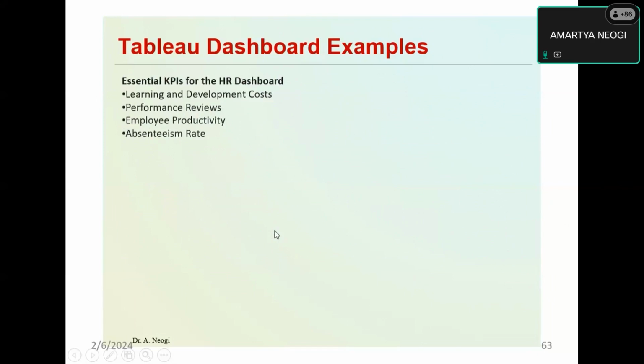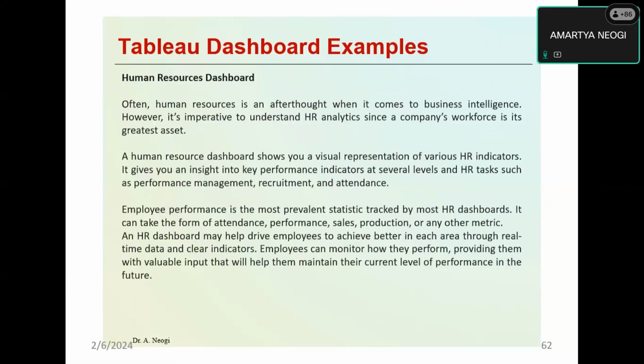Next we are coming to the human resource dashboard. Now the human resource dashboard shows the visual representation of various HR indicators. It gives us insight into key performance indicators at several levels of HR tasks such as performance management, recruitment of employees, attendance of employees, all these things.